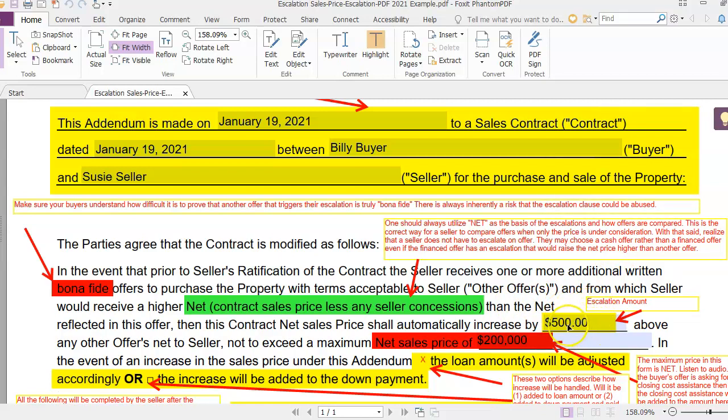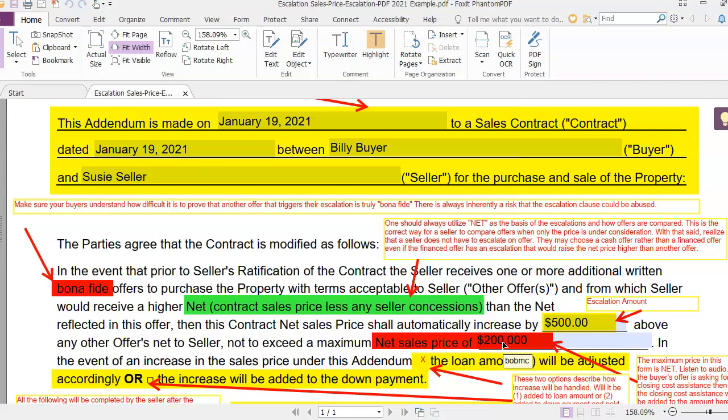Here's the escalation amount. In my example, I'm saying we're going to escalate at increments of $500 above any other offers net to seller. Not to exceed, red note here, net sale price of $200,000. That is the net sale price. So let's say you were offering 190 with 5,000 in buyer's closing costs, seller contribution of buyer's closing costs.